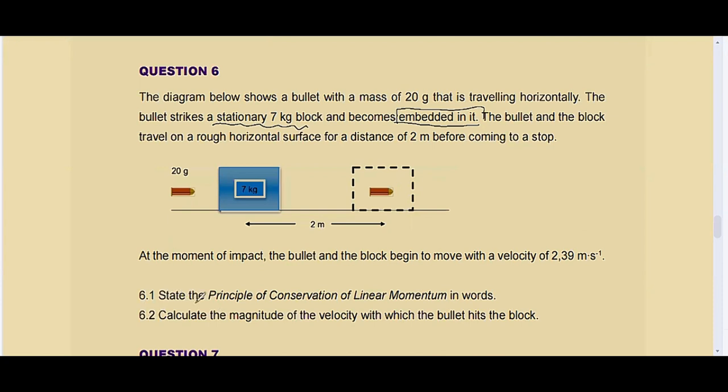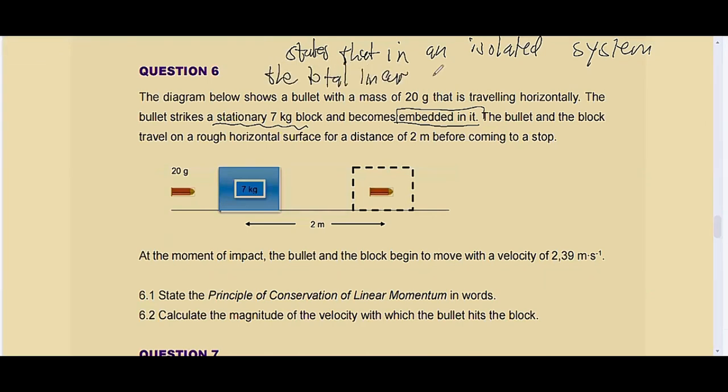Now 6.1 here says, state the principle of conservation of linear momentum. We will write it until we know it, right? So it states that in an isolated system, the total linear momentum is conserved.